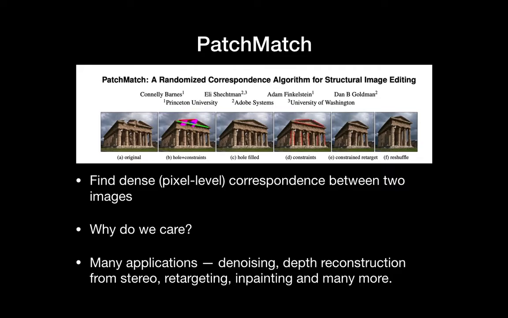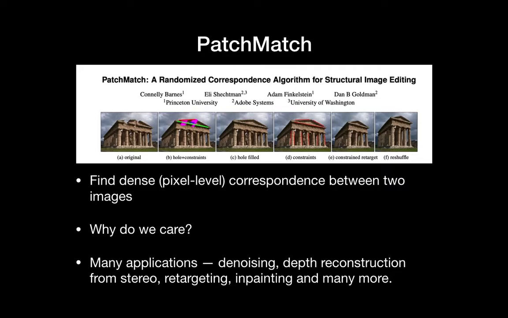So why do we care about this? It can be useful in many things. For example, last class we saw that matching similar patches within the image can give us denoising, which is basically non-local means. And we took it to an extreme, and we also talked about bilateral filter, where you match every pixel instead of the patches.